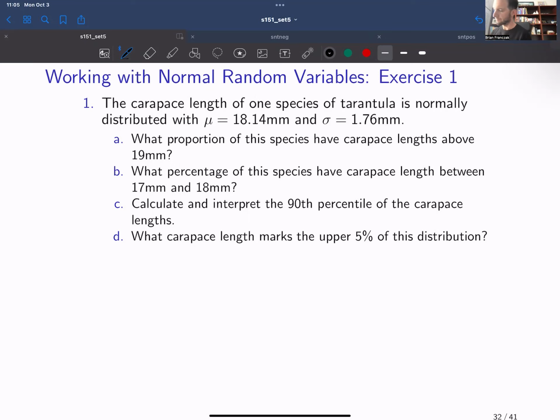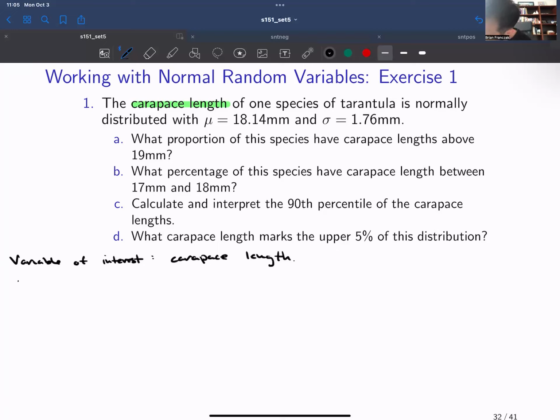All right, so in general, what we're being told here is that the variable of interest is carapace length. Okay, so this is what we're measuring. And this variable follows a normal distribution.